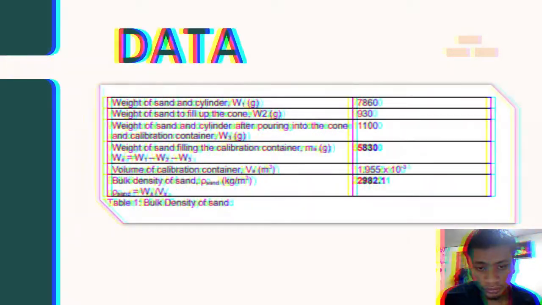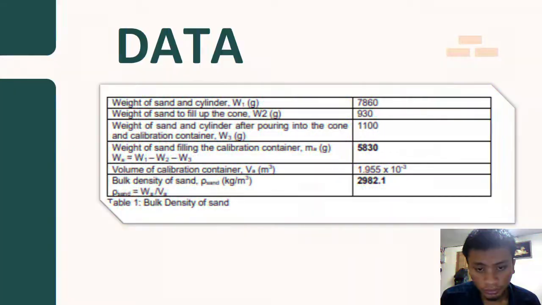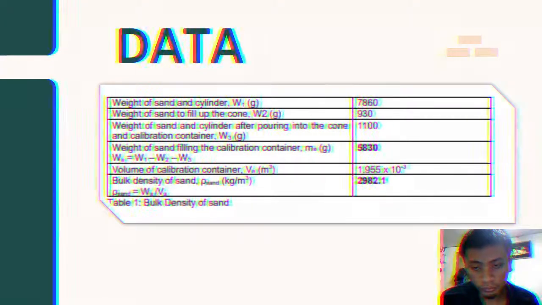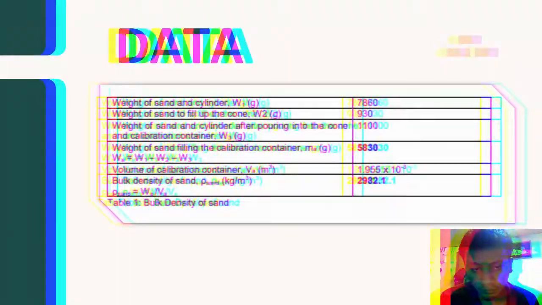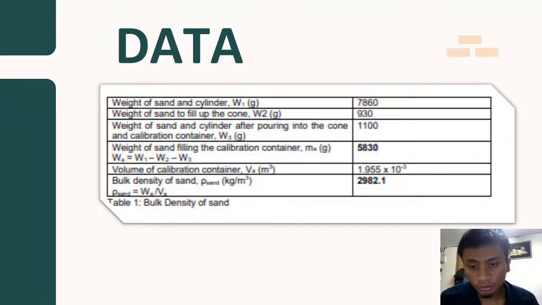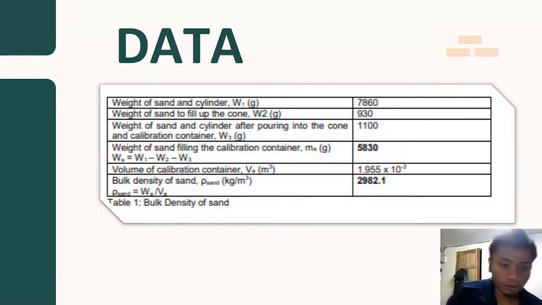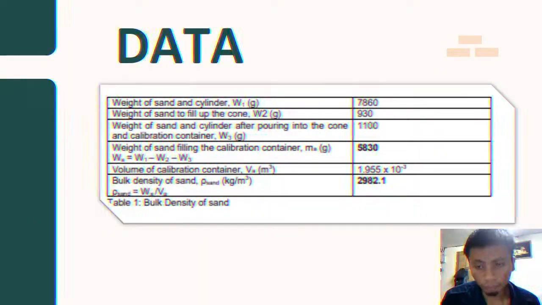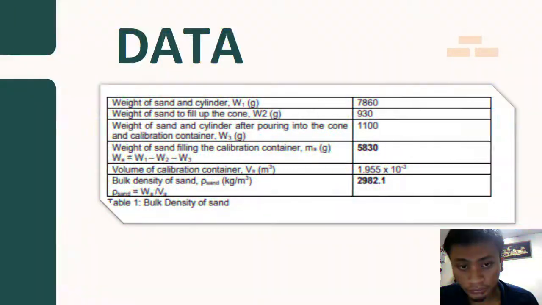To get the weight of sand filling the calibration container, we use the formula W1 minus W2 minus W3. We get 5813, and the volume of the calibration container, or V2, is 1.955 times 10 to the power of negative 3. The bulk density of sand is 2982.1.